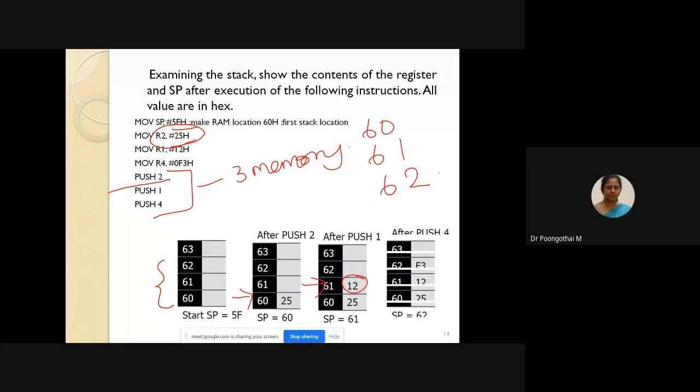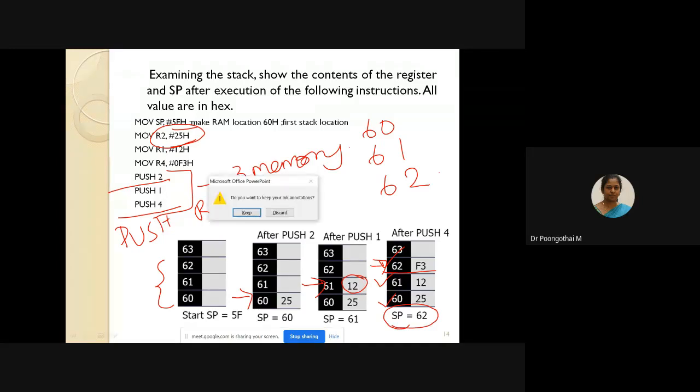After push 4, it is incremented and pointing 62, and F3 is written into 62, because the instruction given here is push R4. So after execution, your 60 holds 25, 61 holds 12, 62 holds F3, and the stack is pointing 62. Is that clear? Yes, ma'am.